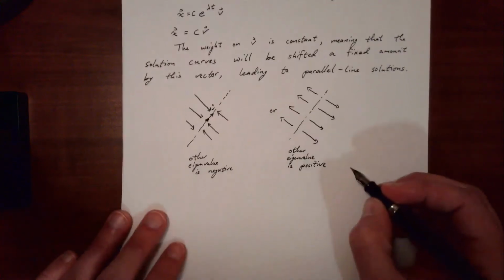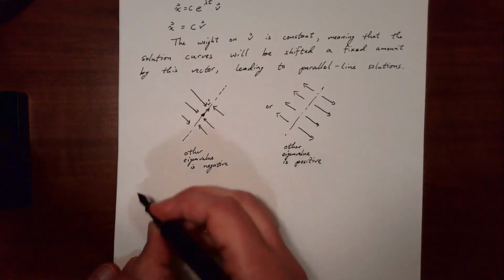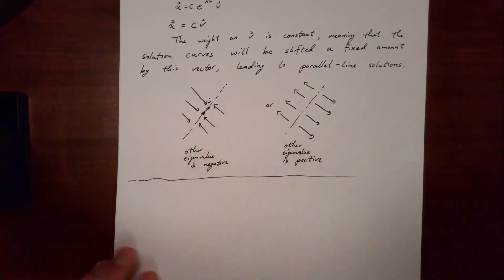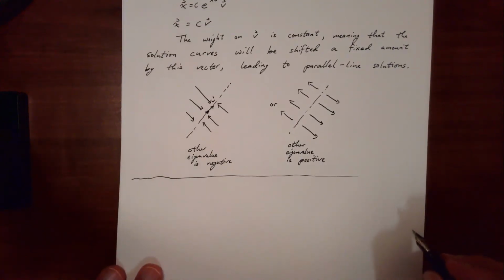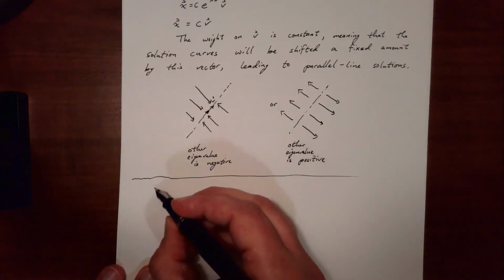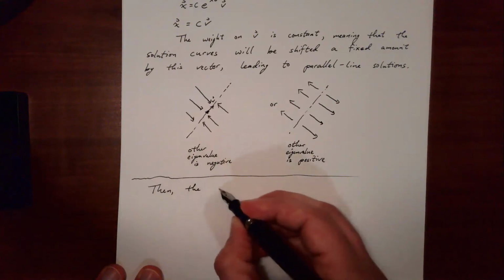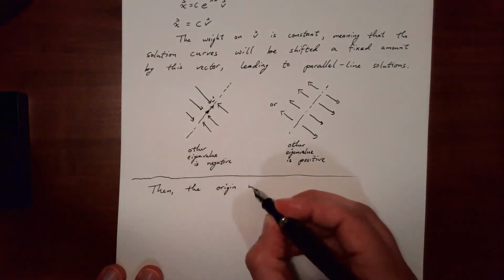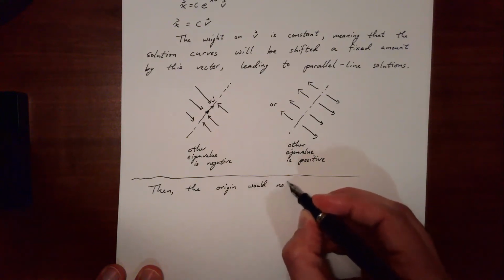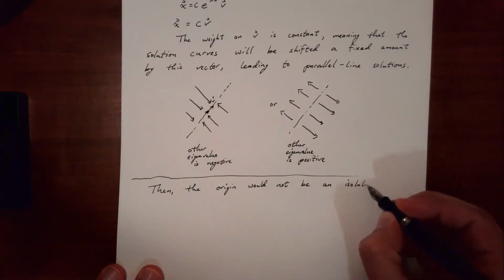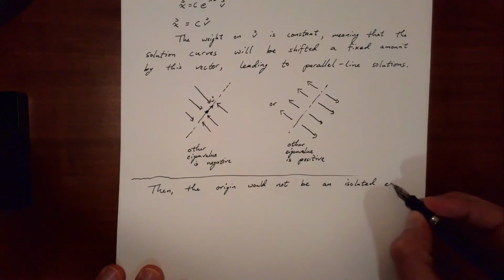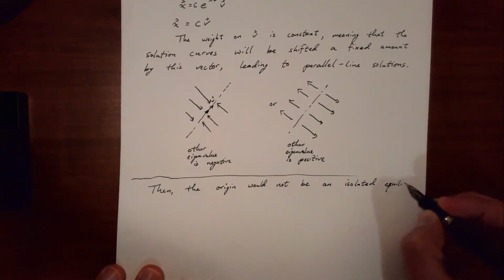And again, we don't want to delve too much into the nitty-gritty of this. That's not our concern, but what is our concern is the takeaway of this, which is that the origin would no longer be what is called an isolated singularity, or an isolated equilibrium. So the origin would not be an isolated equilibrium.